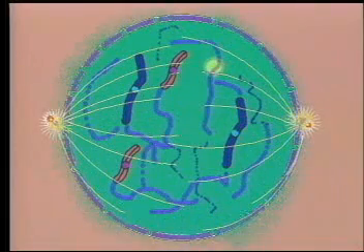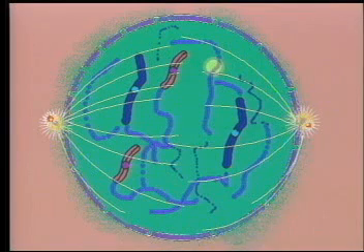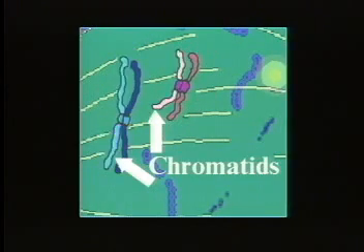Under close examination, we find that in early prophase, each individual chromosome, whether tall or short, has a rather thickish appearance. This is because the DNA of each chromosome has replicated itself during interphase. On looking even more closely, we see that each chromosome actually consists of 2 parts called sister chromatids that contain the duplicated DNA.